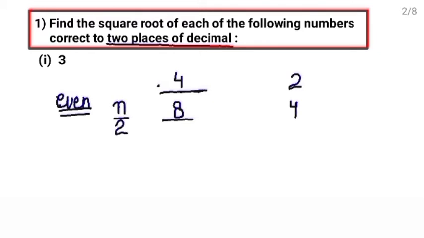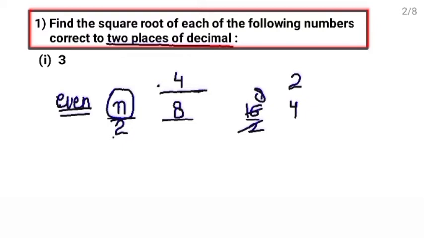If any number has n digits, then in the square root of that number there will be n upon 2 digits, right? If you have 16 digits in any number, in the square root of that number there will be 8 digits because 16 divided by 2 is 8, right? For even numbers, after finding the square root, the number of digits becomes half.